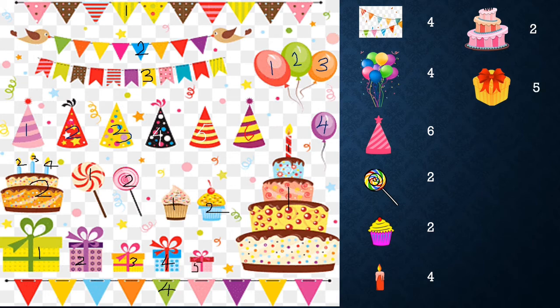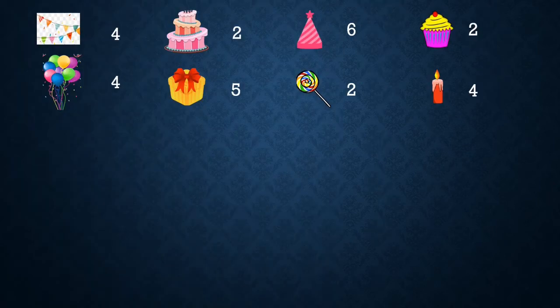So now here you can see that they made a list of all the items they purchased and for each item how many they have bought. So this is the list of all the party items they purchased. Now by looking at this list, let us solve a few questions.